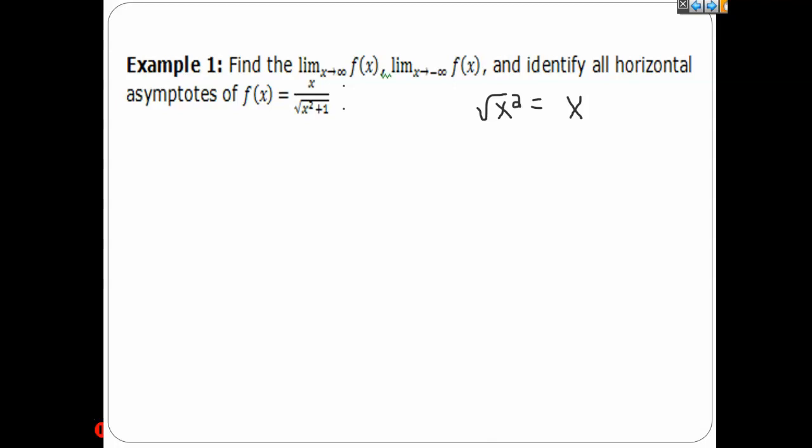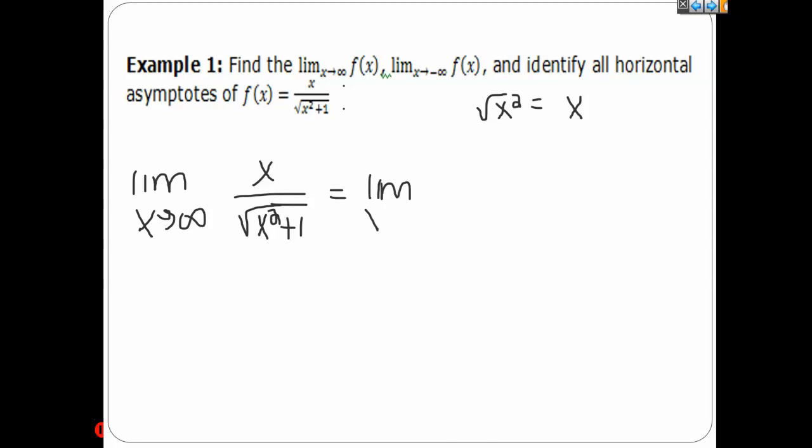They're equal. So as we look at the limit as x approaches infinity of x over the square root of x squared plus 1, it's safe to say that this is behaving like the limit as x approaches infinity of x over x, where exactly what we just said, the square root of x squared represents the absolute value of x.